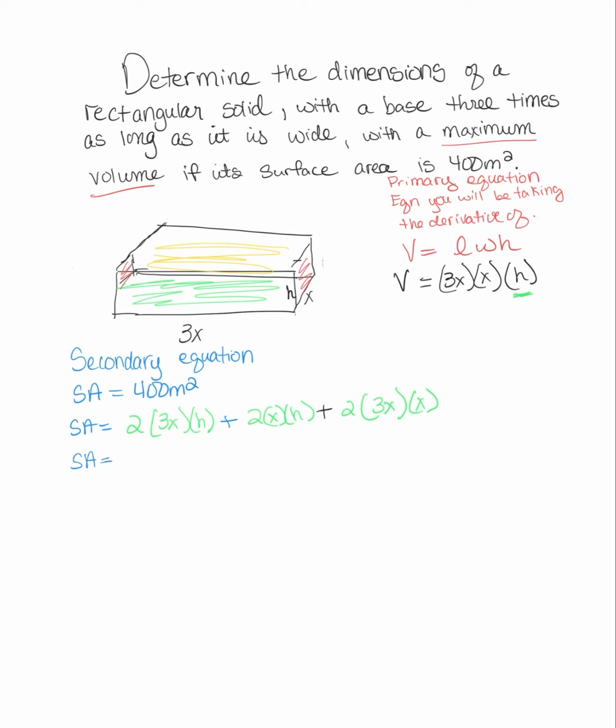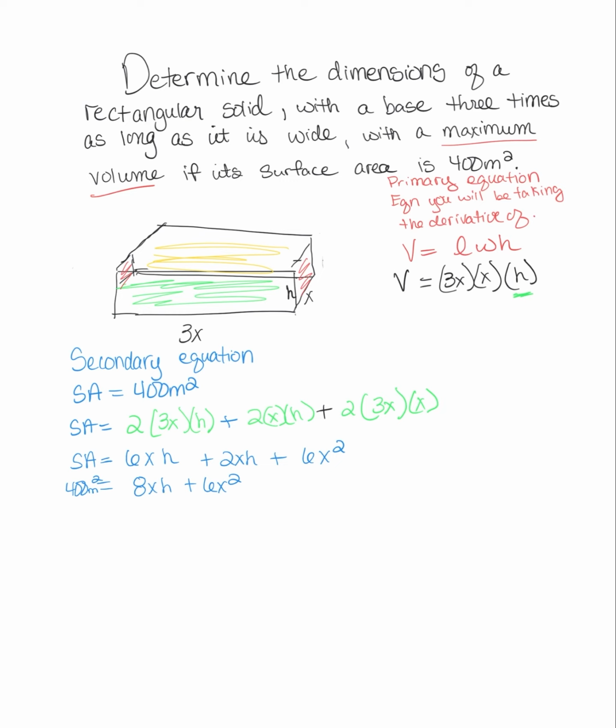So if we distribute this, we have 6xh plus 2xh plus 6x squared. All right, and now we'll put together our like terms. And we know that surface area is equal to 400 meters squared.